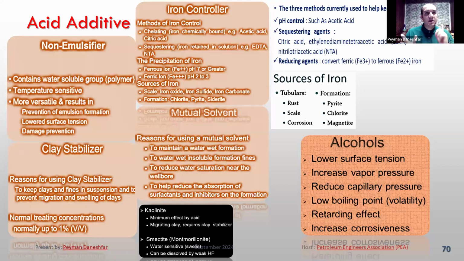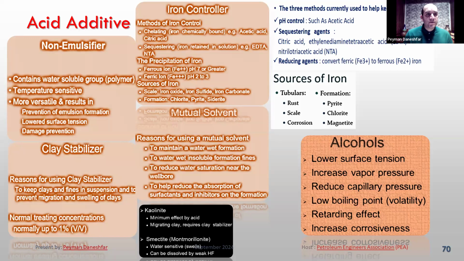I told you before, we can use acetic acid, but we have three types of iron controller: pH control, such as acetic acid, and sequestering agent such as citric acid in a powder. Citric acid is normally marketed in powder type, and also EDTA or NTA.